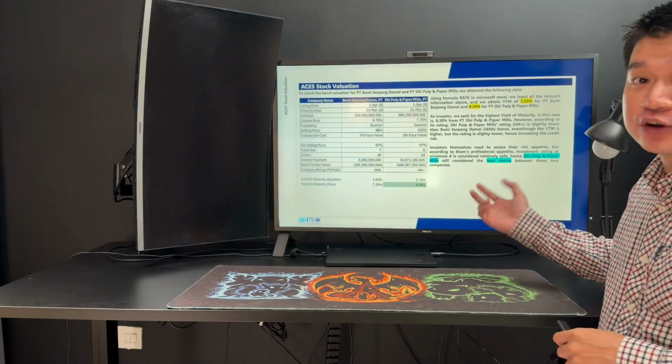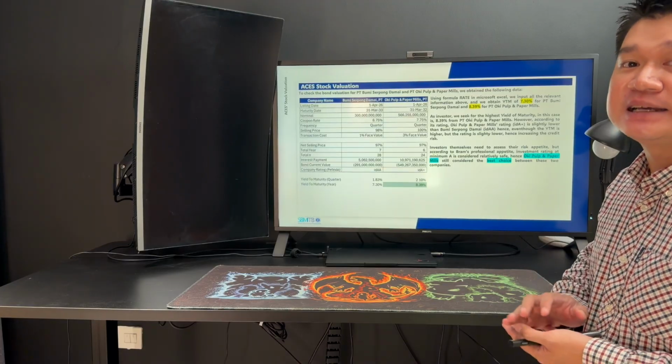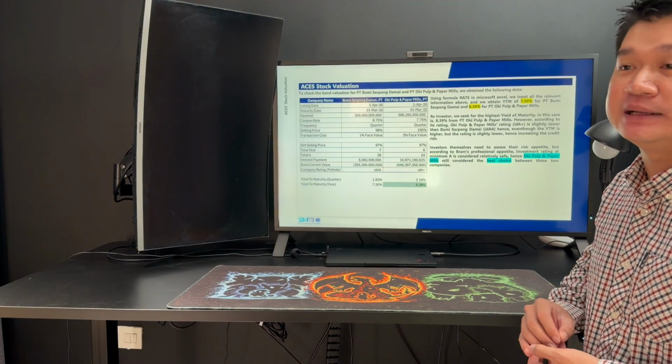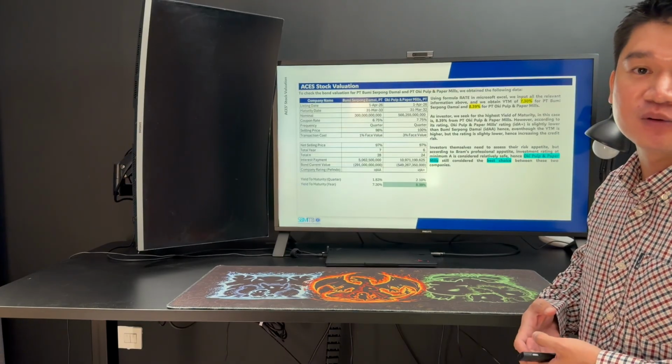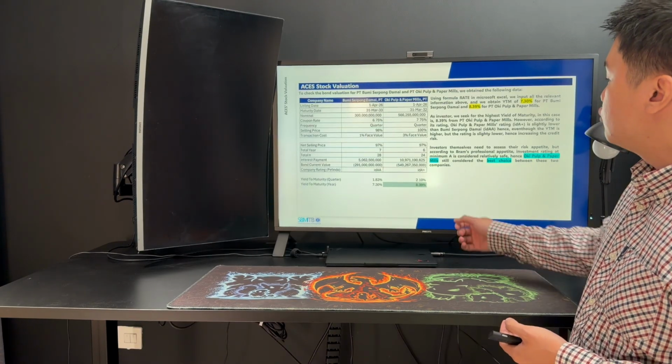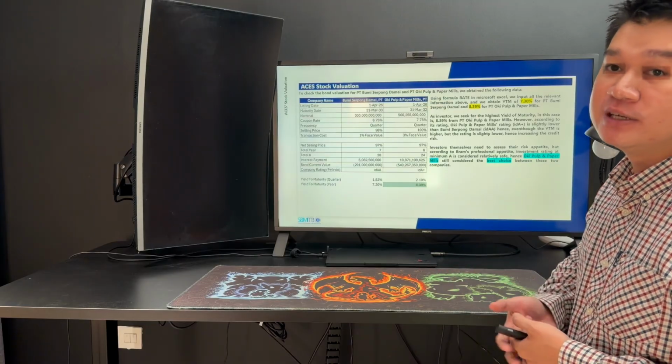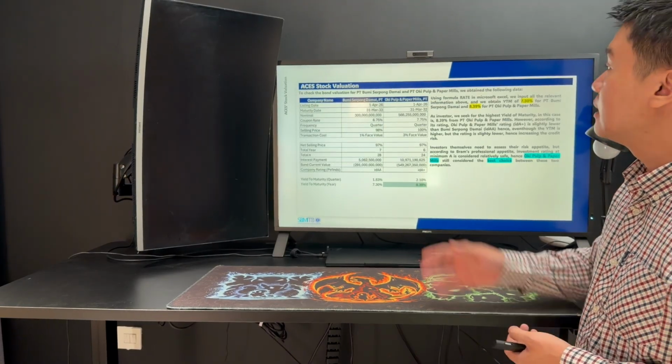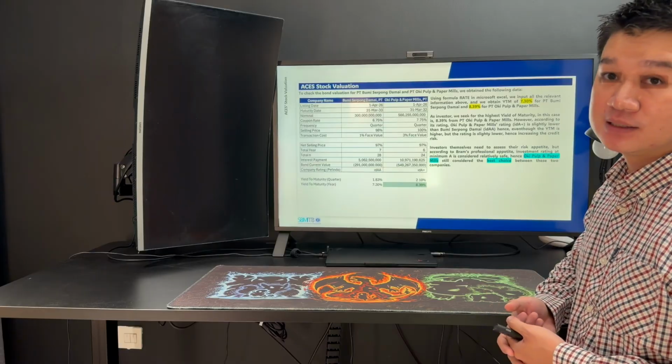As investors, we can look for the highest yield to maturity, which might be the most profitable investment for us. Here, we can see that the highest yield to maturity is from Oki Pulp and Paper Mills.